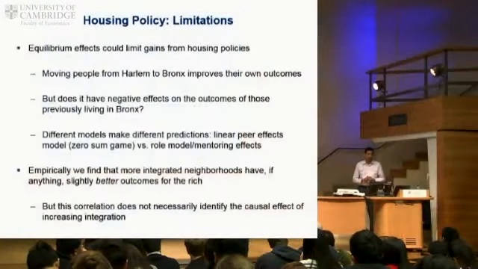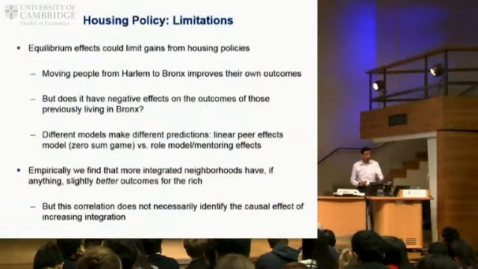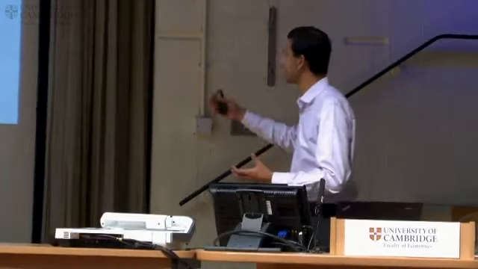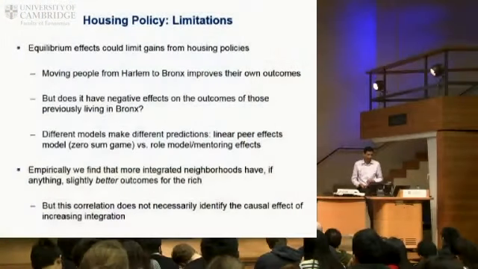So it doesn't look like there's a one-for-one negative effect on the high-income people in places where the low-income people are doing well. That doesn't necessarily show you directly that integration is not harmful for higher-income individuals, because it's just a correlation. It doesn't directly show the causal effect of integration on higher-income individuals, but it's a suggestive piece of evidence that you may not have this zero-sum game property, in which case these policies wouldn't really make sense.